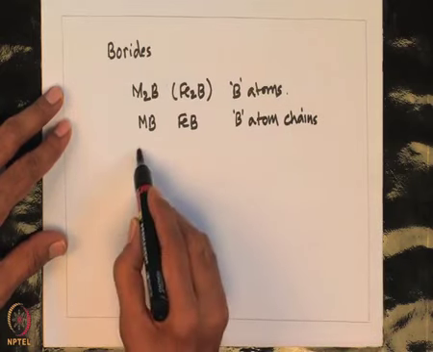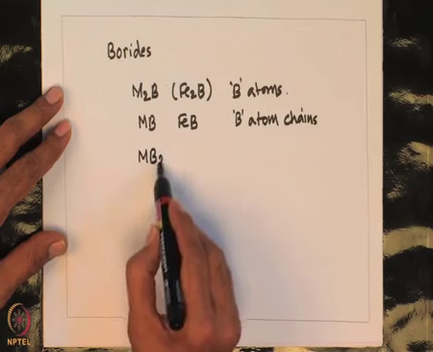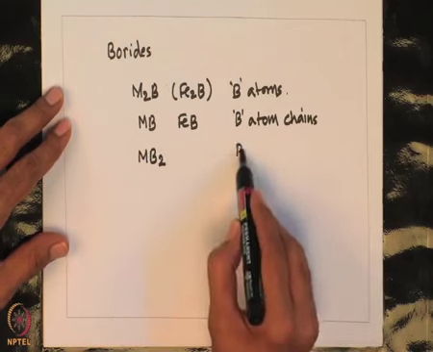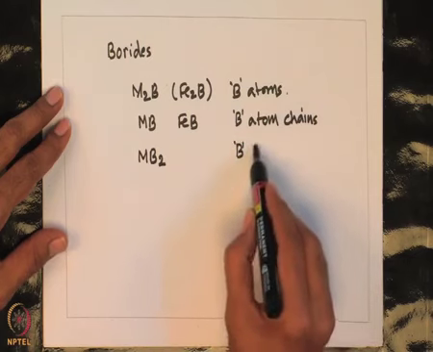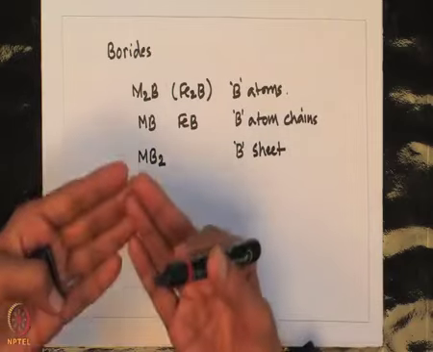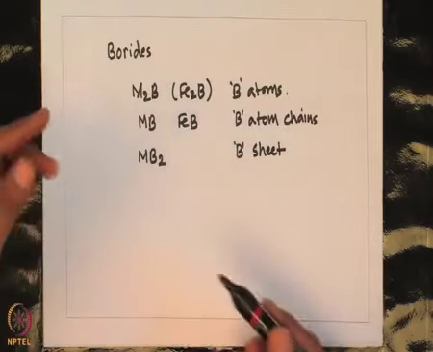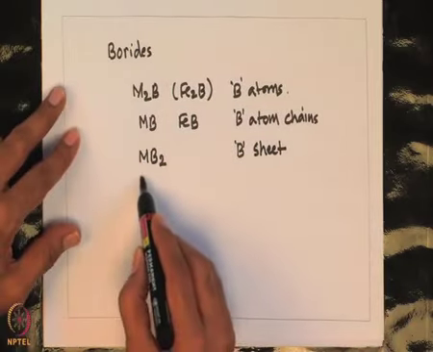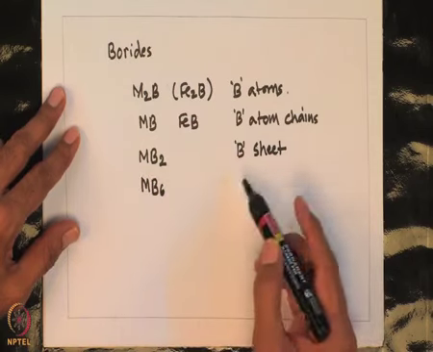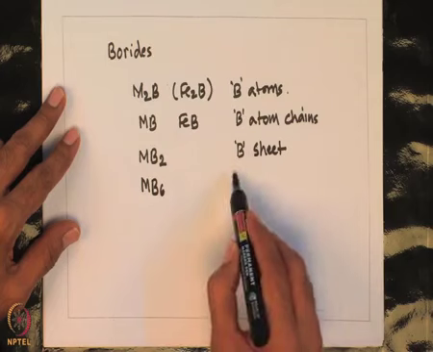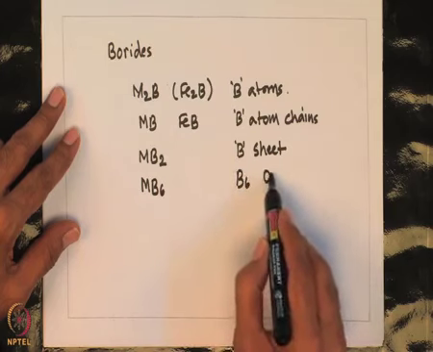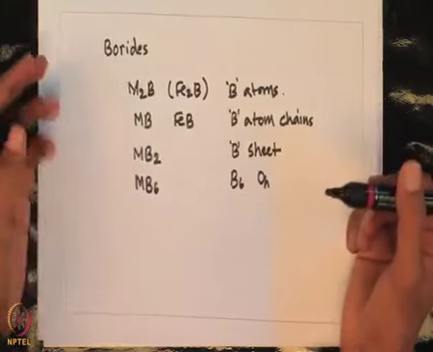And in MB2, a boron atom sheet will be there between the two layers of metal. And in case of MB6, 6 boron atoms arranged in an octahedral fashion will be there in the lattice.